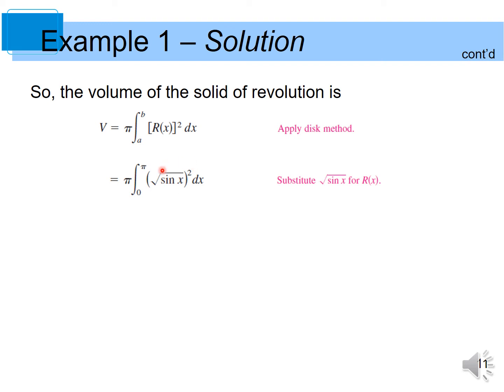We simplify this integrand, so we have the integral of sine x. We perform the integration and substitute in the given interval, and we have a volume of 2 pi.